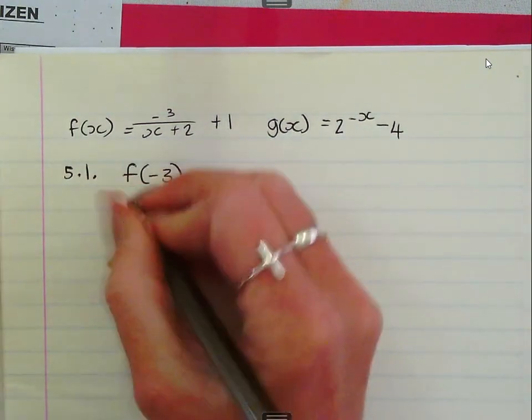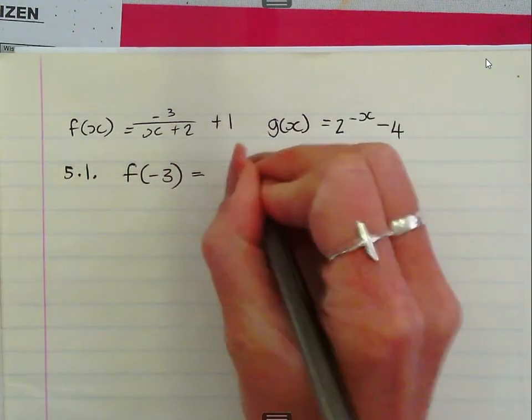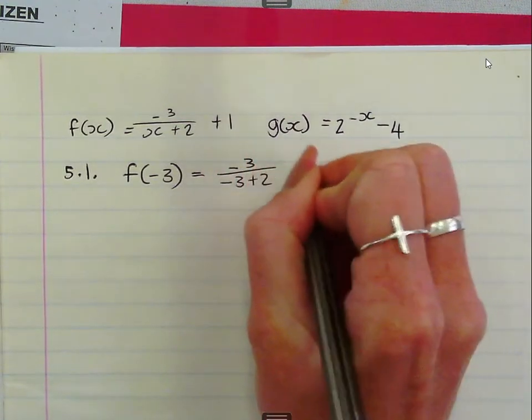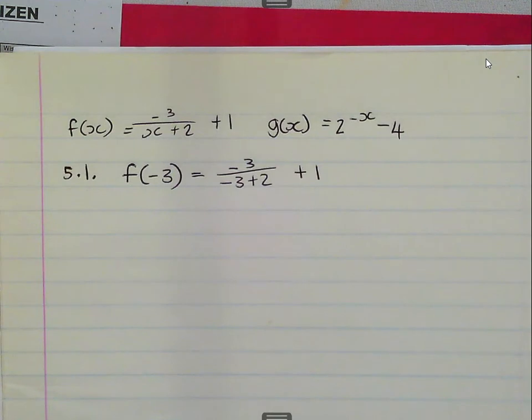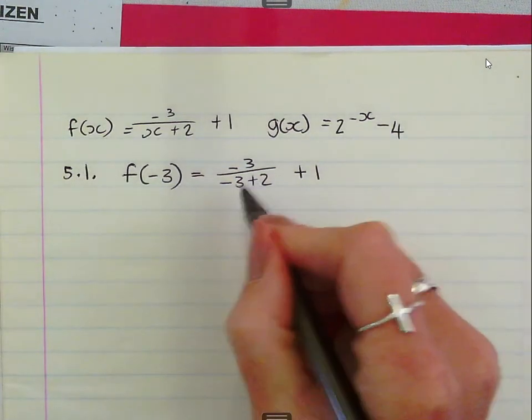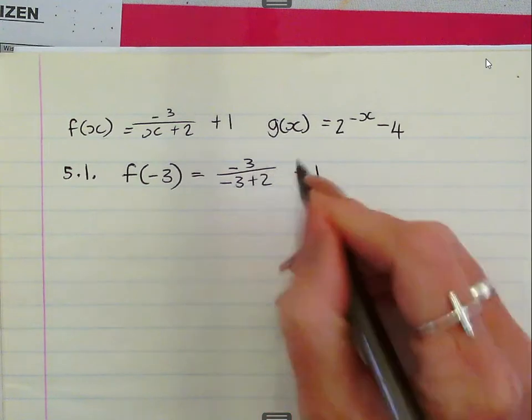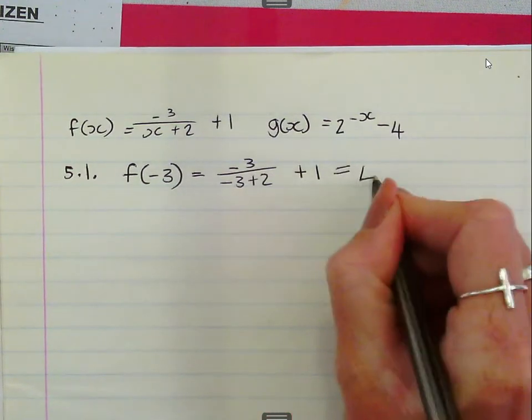Right, so it's going to look like this. Negative 3 over negative 3 plus 2, plus 1. And then I can use my calculator, or I calculate without it. Negative 3 plus 2 is negative 1. Negative 3 over negative 1 is 3. 3 plus 1 is 4.